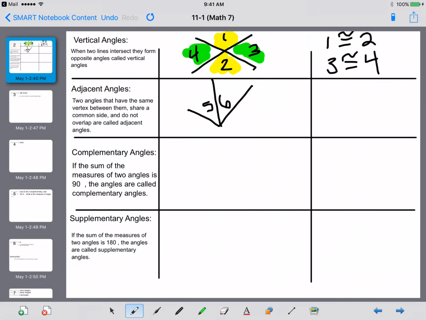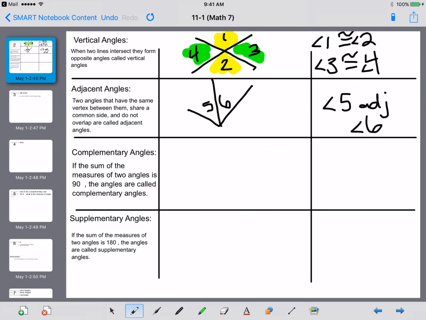I guess I should have put my angle symbols on everything too. Angle 5 is adjacent to angle 6. It's basically one angle split in half to make two angles. And it doesn't even have to be split in half. It's one angle split into two pieces.